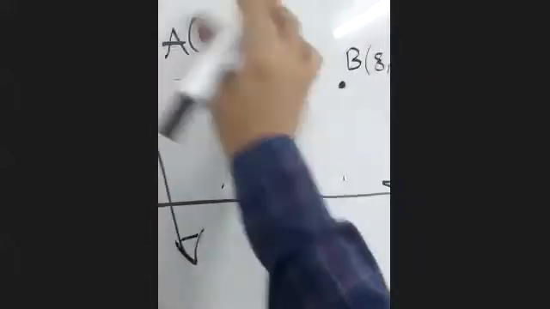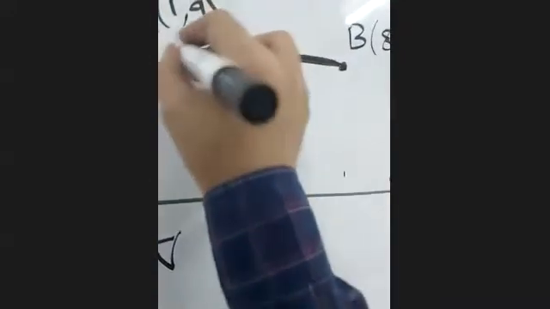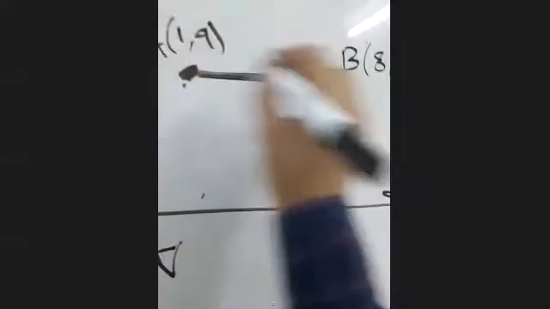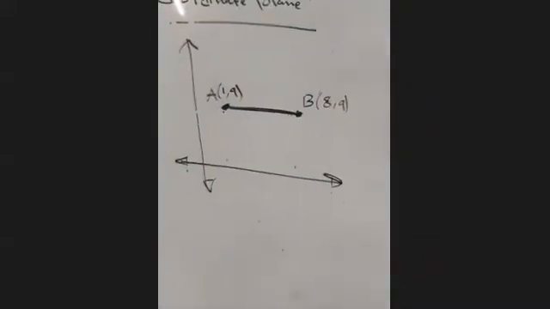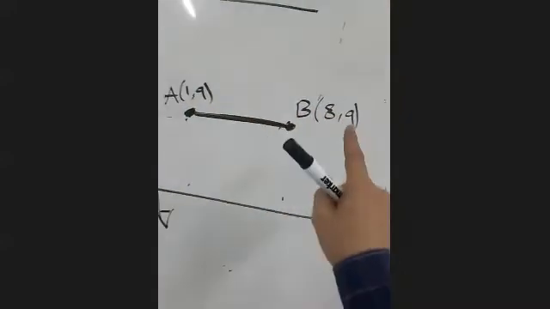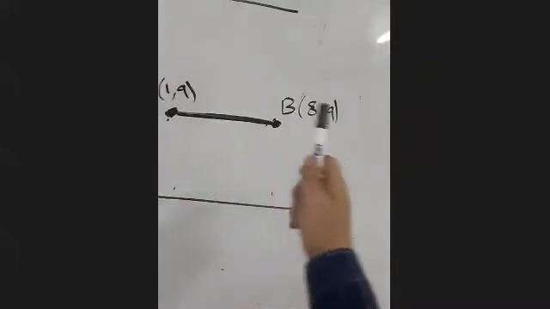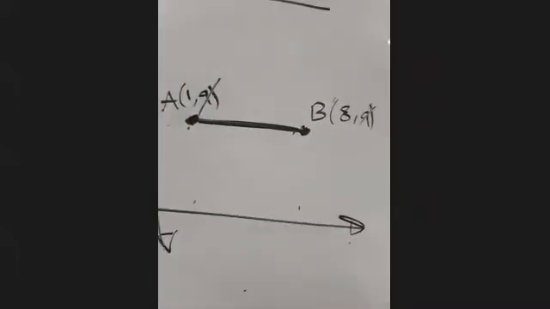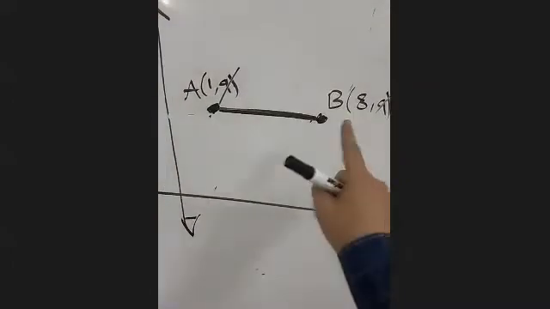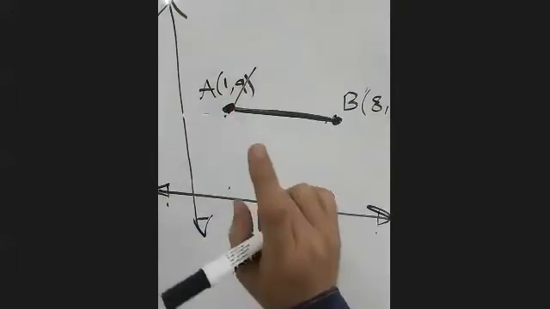Okay. Now, if I want to find the distance between these 2 points, look here, guys. If I want to find the length of this segment, how will I find it? I will look at the coordinates which I have. I have a repeated number, which is 9. When I have a repeated number, cross it out. I don't want it. Subtract the different numbers. 8 minus 1 is 7.